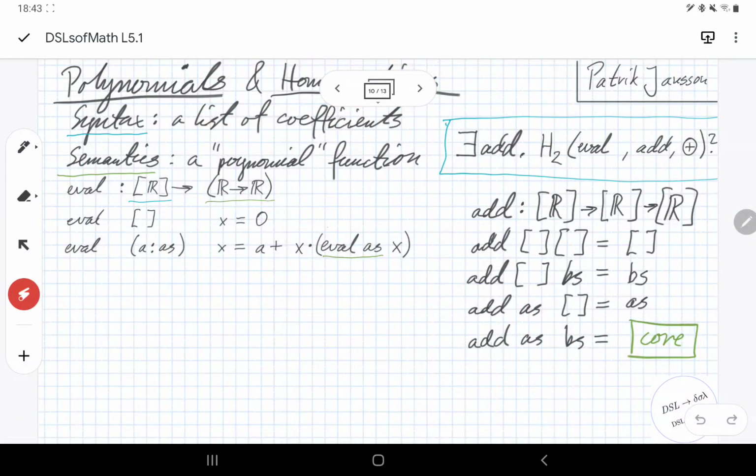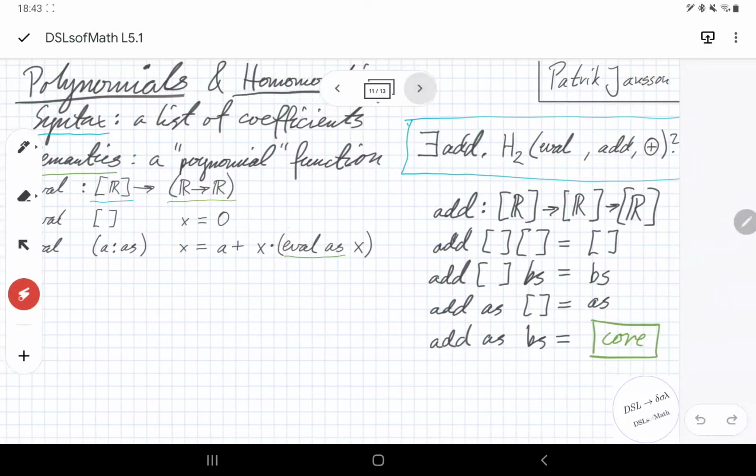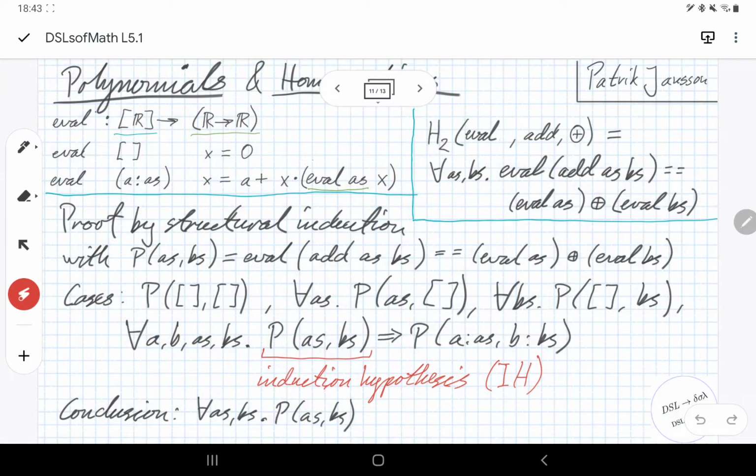These were the cases I already showed. Let's try then to prove that this add is satisfying the homomorphism condition, that eval is a homomorphism from add to function plus.